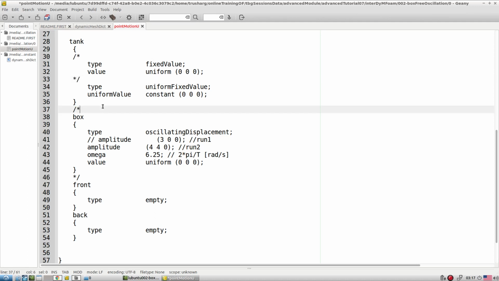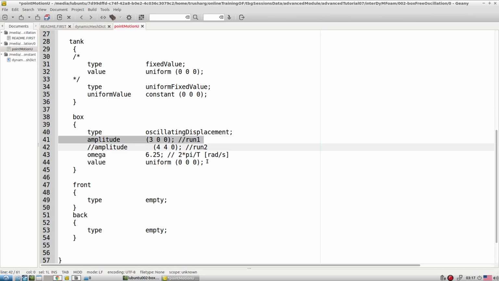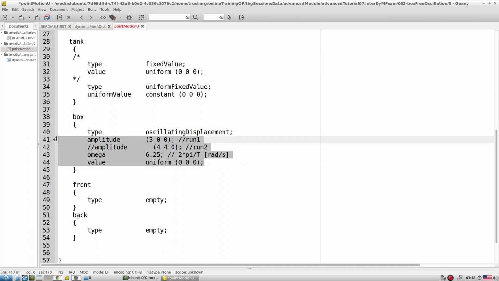Let me fix this area. That is fine. Here I can specify the linear displacement. You can create your own test case based on the previous tutorial, merge this concept, and get an idea of what is going on.